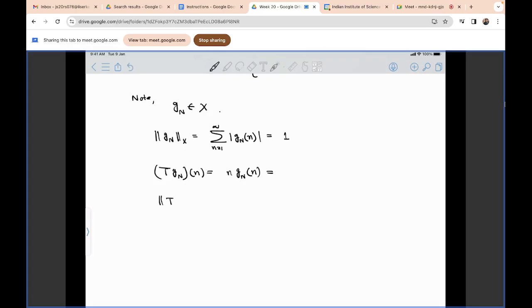At the point n equals N, it takes the value N. So the L1 norm of T Gn is: only at the point N it is nonzero, and otherwise it's 0.